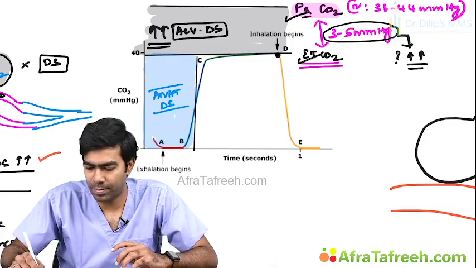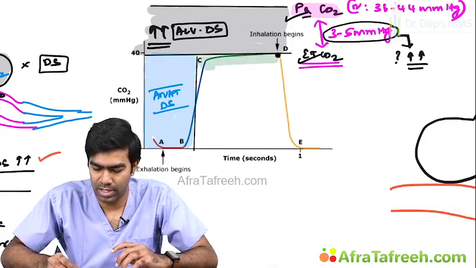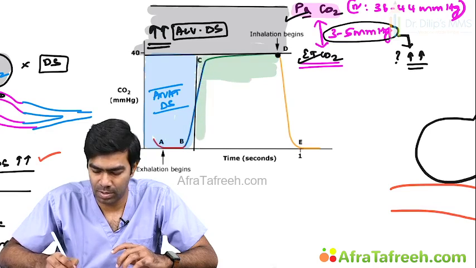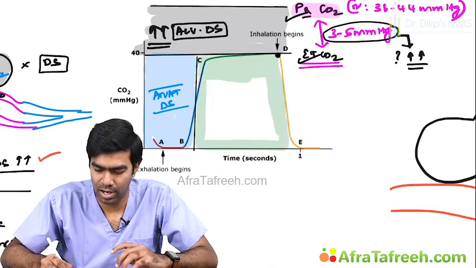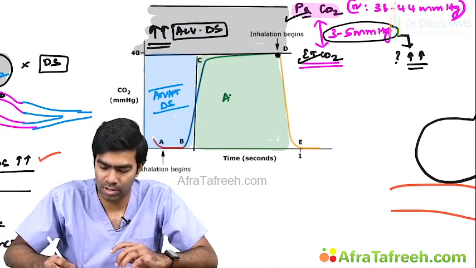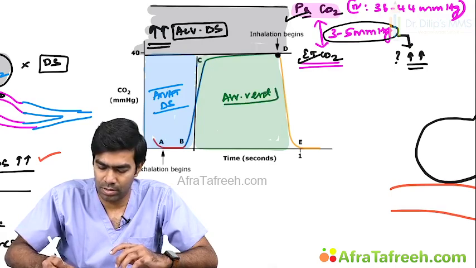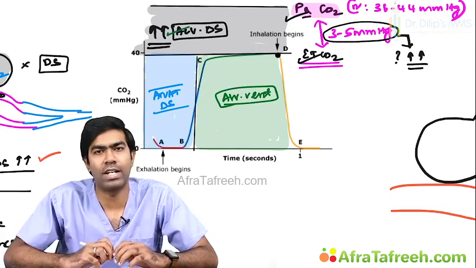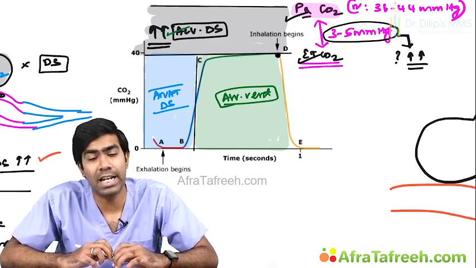And what is this area? This is the area that will be truly referred to as alveolar ventilation. Remember, in the alveolar dead space also ventilation is happening, but it is ineffective.